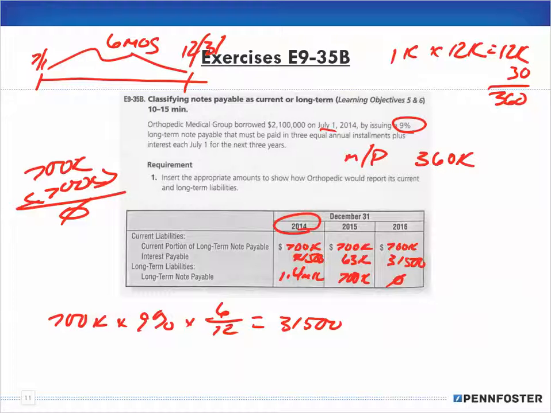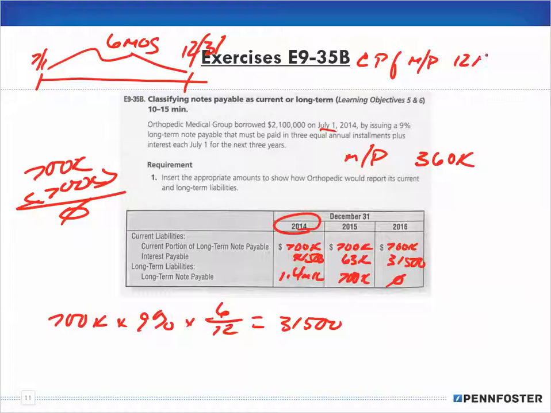When we show it on our balance sheet, we will show the current portion of the mortgage payable of $12,000 in our current liabilities. Down here in the long-term liabilities, it's going to show the mortgage payable of 360,000, less the current portion of the mortgage payable as a description.